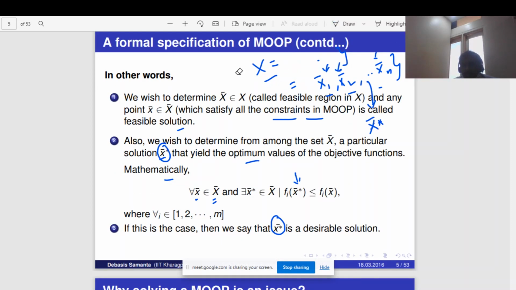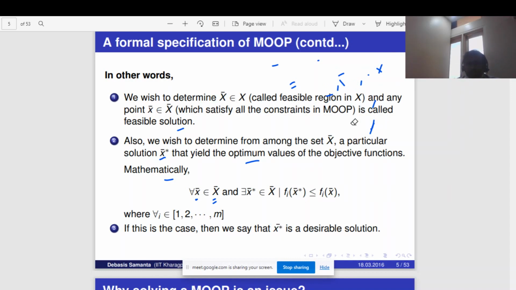So could someone explain whatever I have said? What is x? Feasible region. It is all solutions.